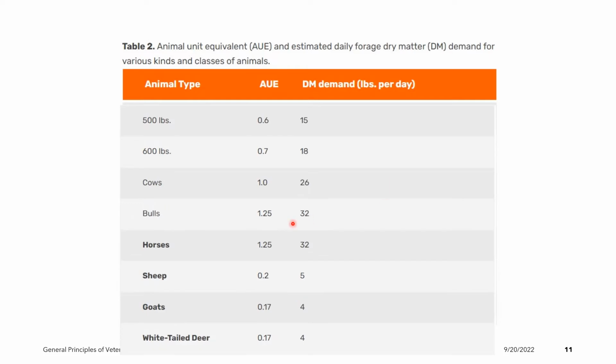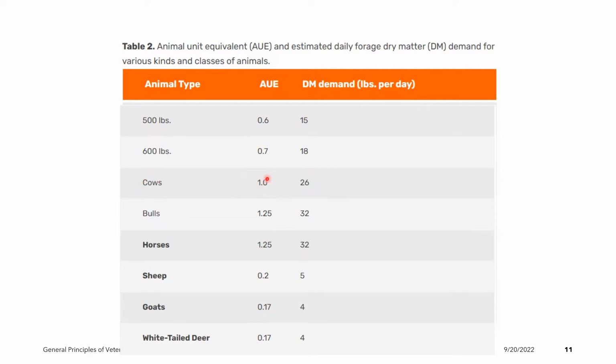In the case of horses, it has an animal unit equivalent of 1.25, and its dry matter demand would be 32 pounds per day. How do we get 32? In this case, the weight of the animal is not given, so we can estimate the dry matter demand by multiplying the animal unit equivalent with our standard, which is the cow.